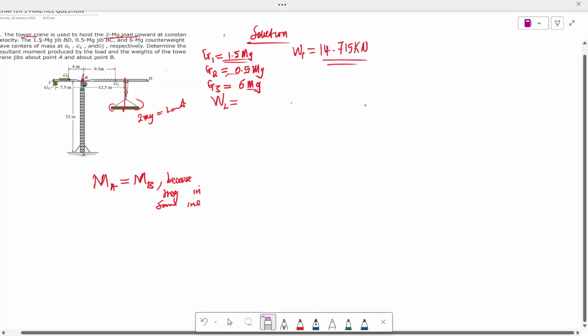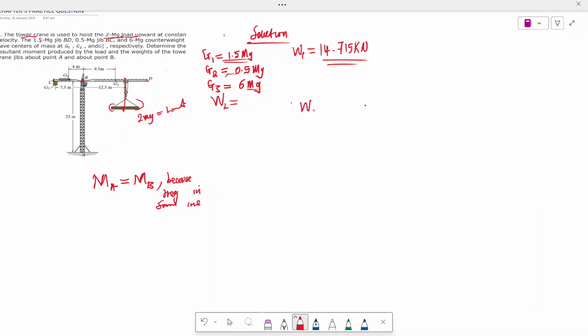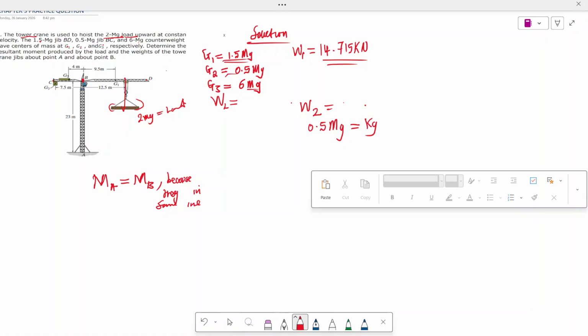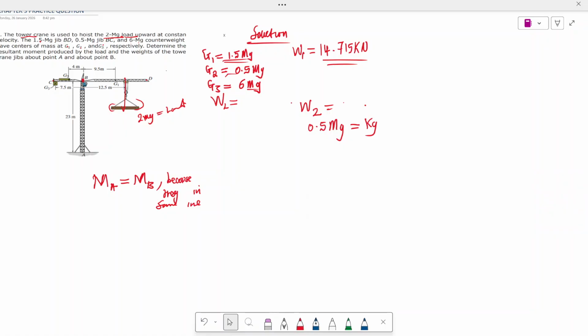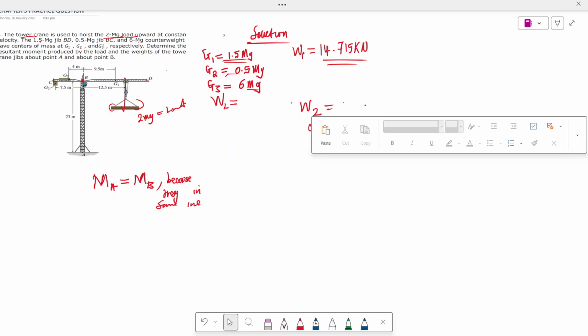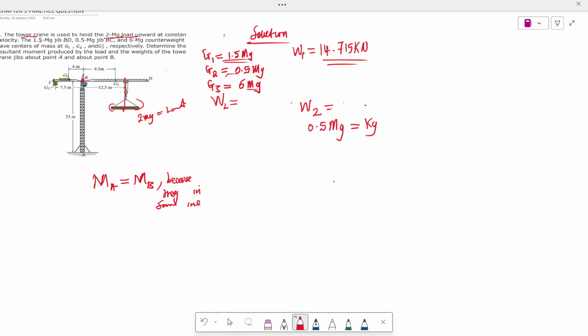Weight 2, same procedure. We're going to convert 0.5 megagram to kilogram, same procedure. So it's going to be like this.